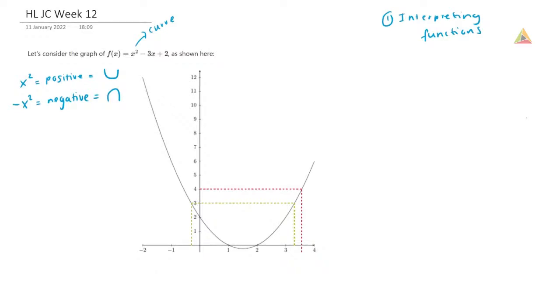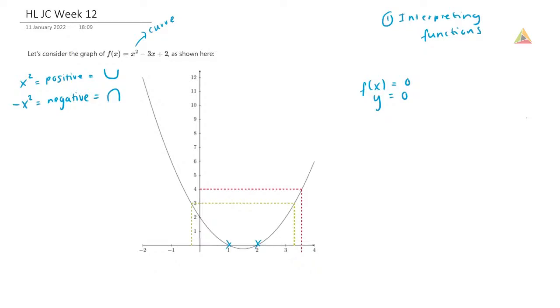Now, there's a couple of things you could be asked in relation to a function like you see on the screen there. If we wanted to solve the x values for f of x equals 0, so if we were told that f of x equals 0, another way of writing that is y equals 0. And if you were asked to find the corresponding values where y is 0, well, y is 0 where it cuts the x-axis, so it's going to be this point here and this point here.